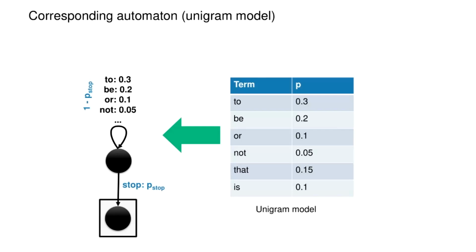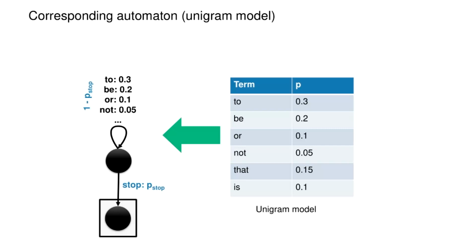One small word of warning, if you look at it from the automaton perspective, is that we separated the probability of getting the next word from the probability of stopping, right? So there's 2 ways of looking at it. Either you let all the probabilities for the words sum to 1, and then you renormalize with p stop or 1 minus p stop, or you put the p stop as an additional possibility, right?